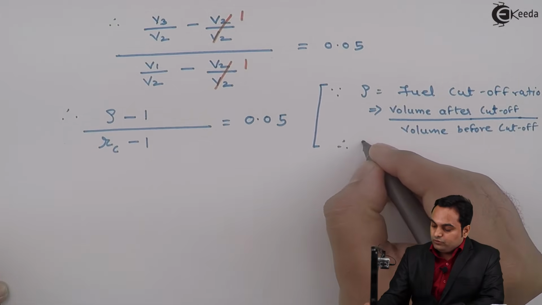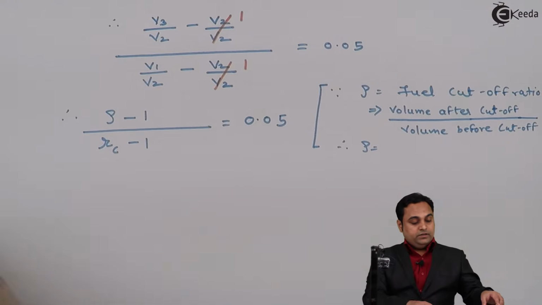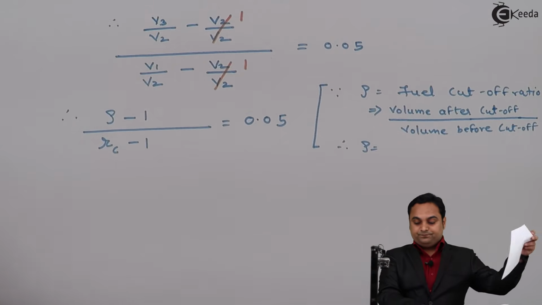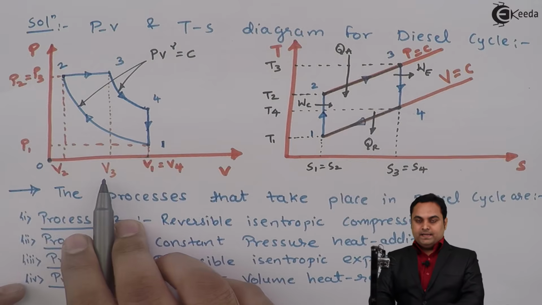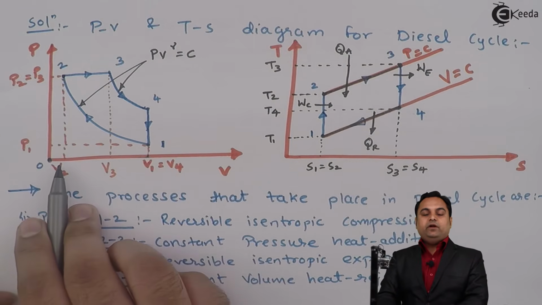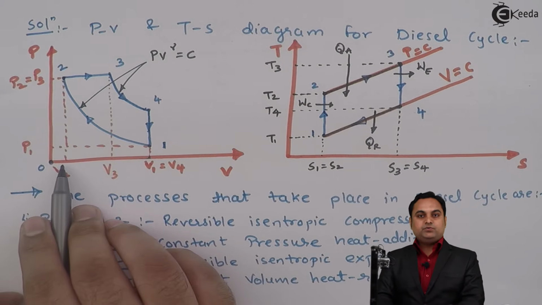So rho is equal to, if we see in the PV diagram, the volume after cutoff is V3 and before cutoff, that is where the fuel injection starts, that is V2.